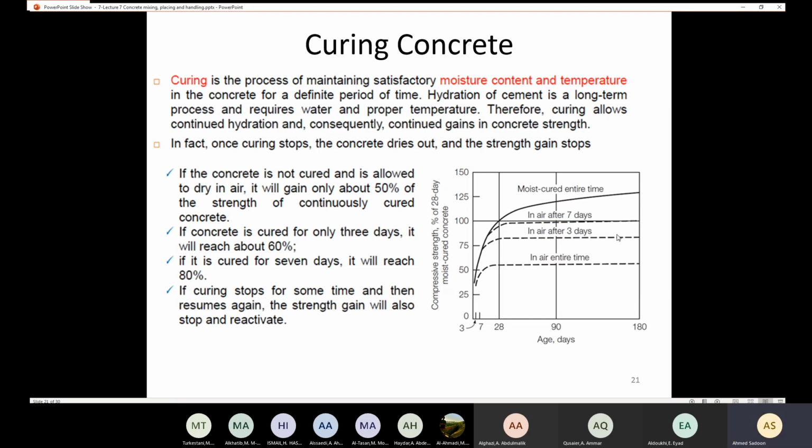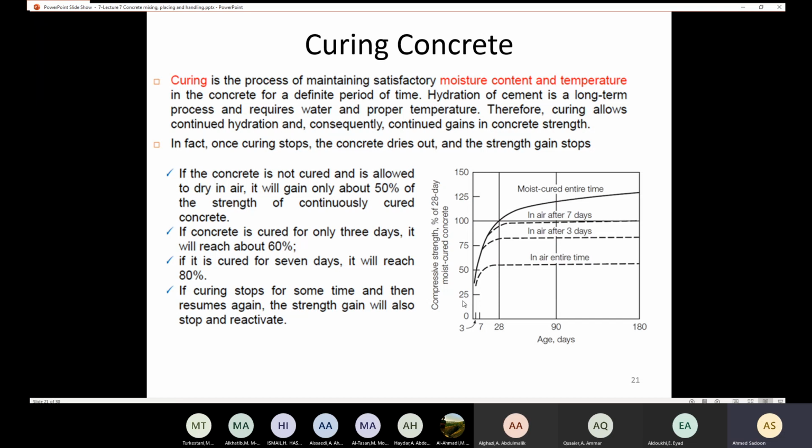In scenario number 2, the specimen was left in the air after 3 days, so we applied curing for 3 days only. For this specimen here, we applied curing for 7 days. And for the last sample, the curing process has been applied for the entire period of the graph, which is 180 days. We want to see the effect on the strength.